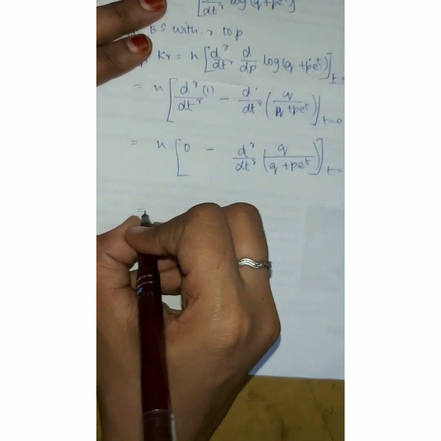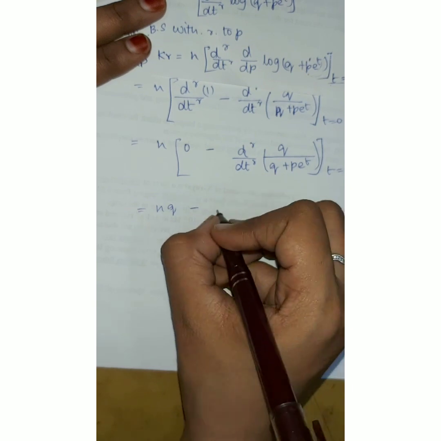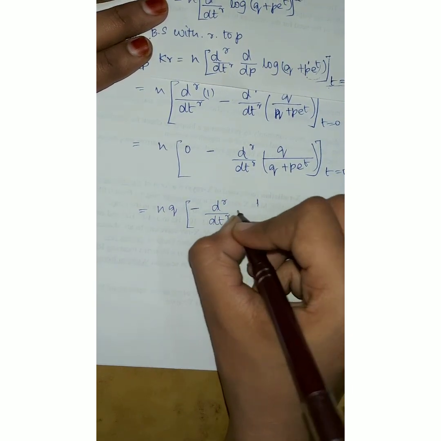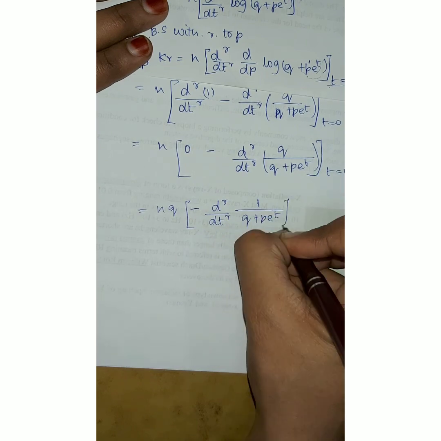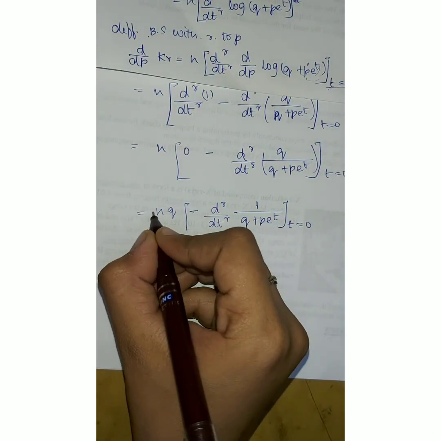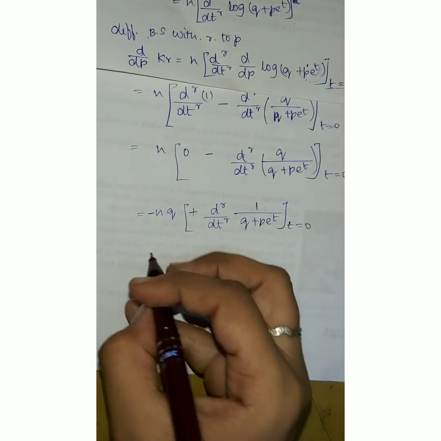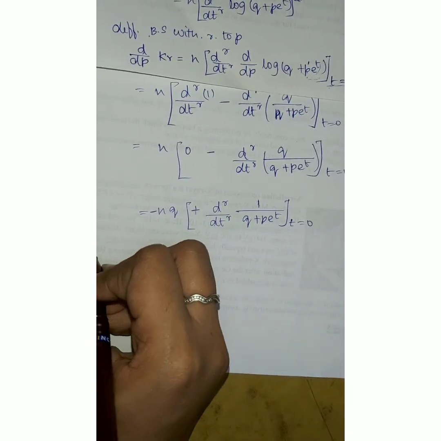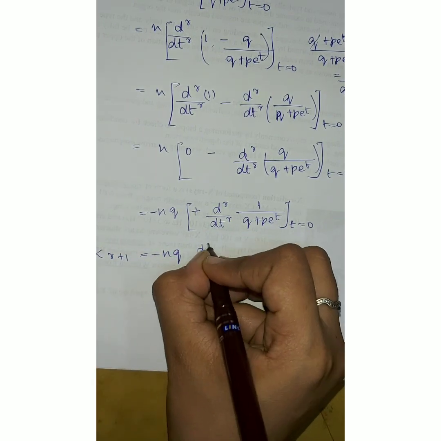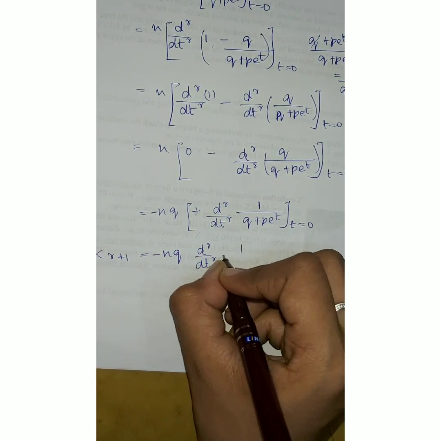Now taking minus q outside with n gives you minus nq into d power r by dt power r into 1 by q plus p e power t, t is equal to 0 at the bottom. Therefore, this is the value of k r plus 1.